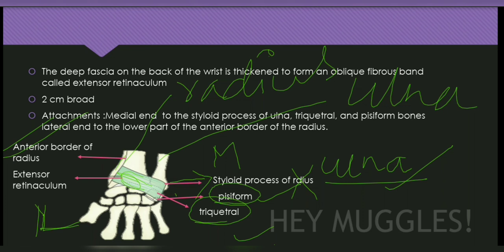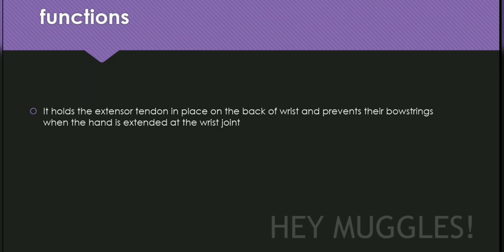Let's move further and see the function and compartments of extensor retinaculum. What is the function of your extensor retinaculum? Basically, extensor retinaculum holds your extensor tendons in place, and it also prevents bowstringing when your hand is extended at the wrist joint. So what is bowstringing?